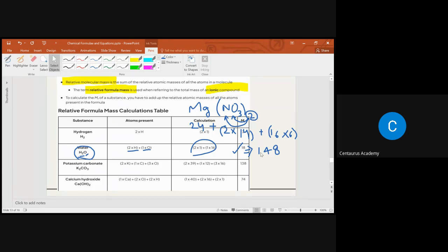When you average it out, it is compared to the mass of a carbon 12 atom, which is exactly 12 units. So both of them are ratios and do not have units.